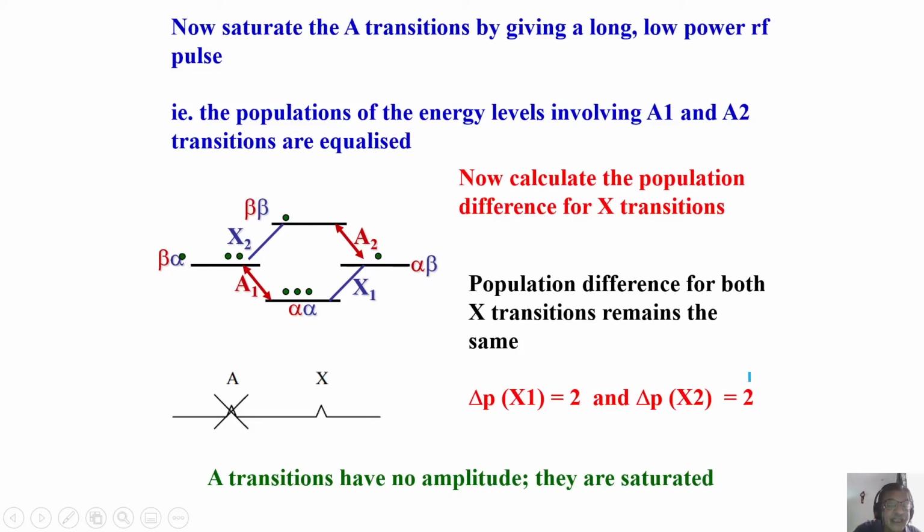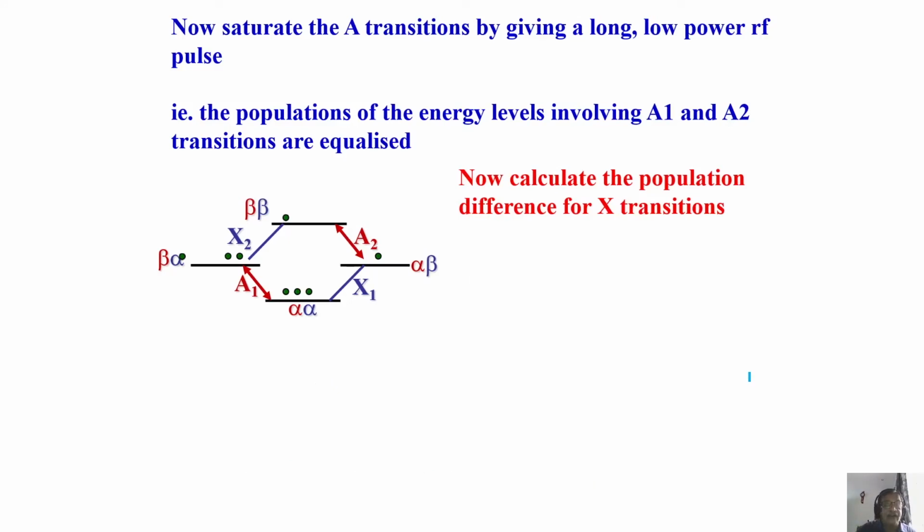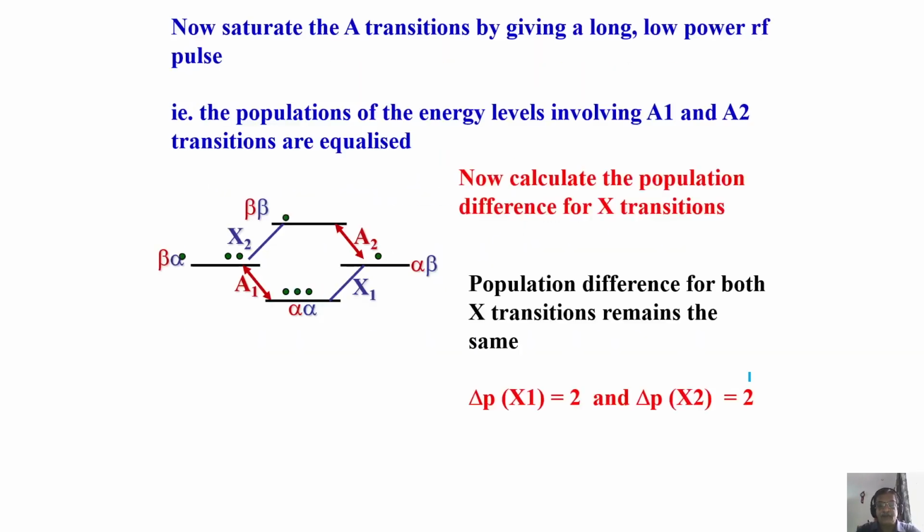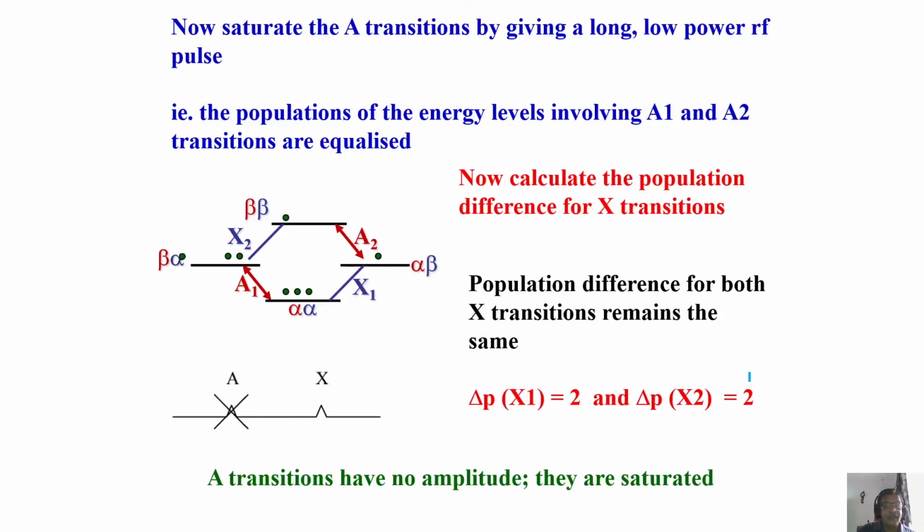What was the intensity before irradiation? After it attains thermal equilibrium, it was 2. Both A was 2, X was 2. Now again it is 2. X1 and X2 are both the same, 2 transitions. The intensity of both the X transitions is 2.